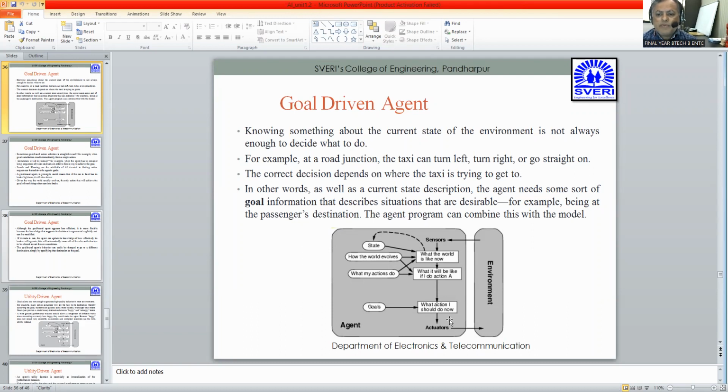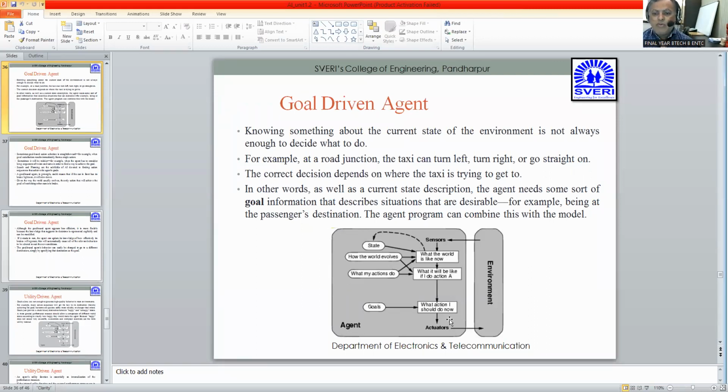And then what it will be like if I do action A. So the world is like this; if action A is taken, how the world will change. Okay. And then what action I should do now. So according to the changes, according to the goal, you are changing your action. And then it is given to the actuators for action. This is called the goal-driven agent.